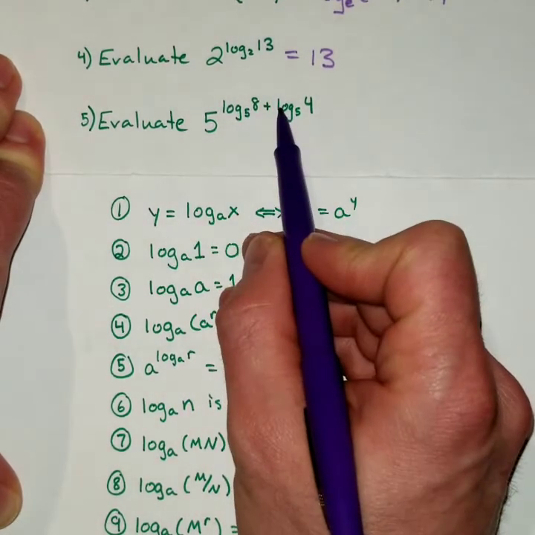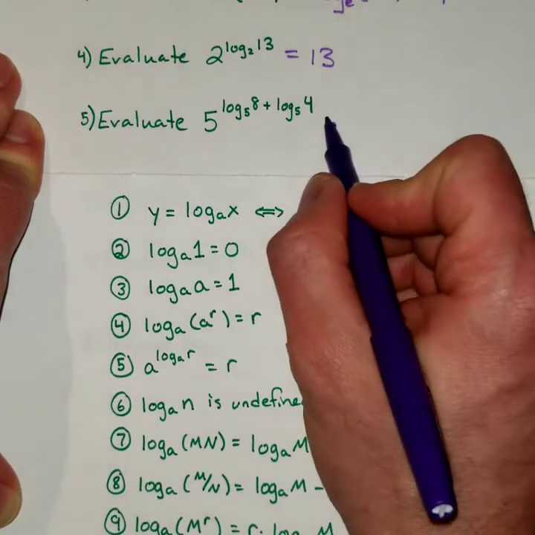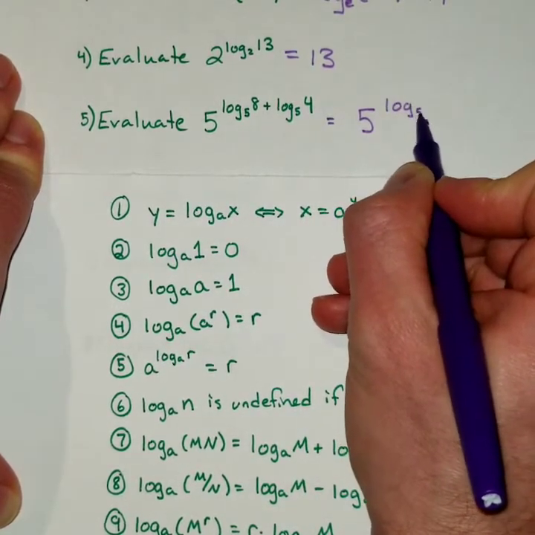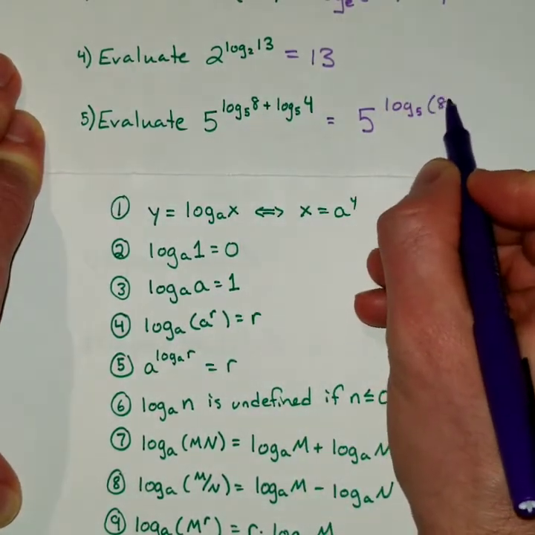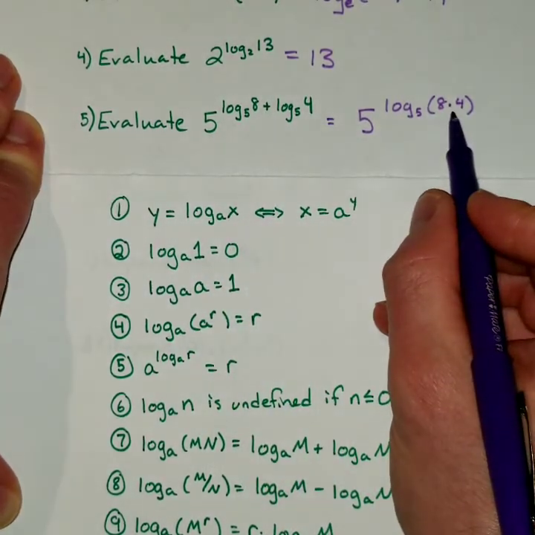In order to get 2 logarithms into 1, I'm going to use property 7 first. It has a sum. I'm going to go backwards and convert it into a product, the logarithm of a product. And so this will become 5 raised to the log base 5 of 8 times 4. Right, so the sum on the outside becomes a product on the inside.